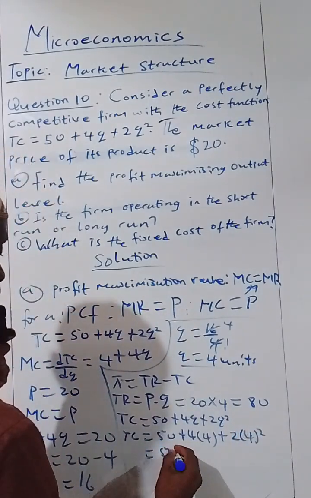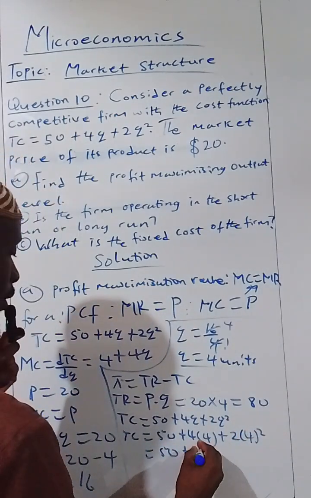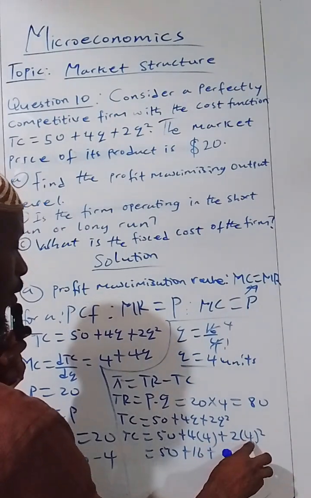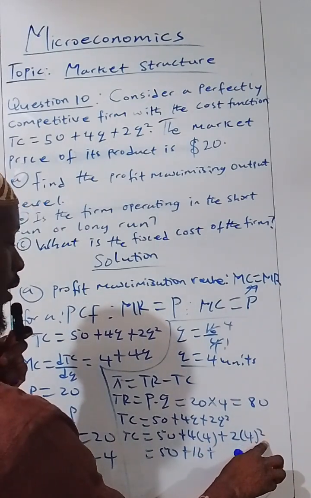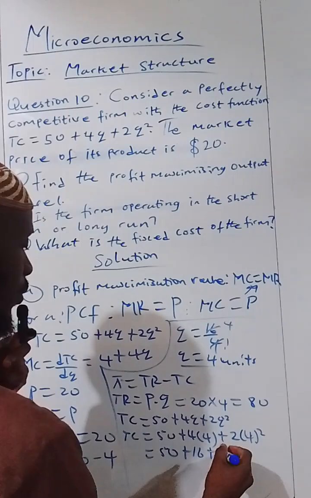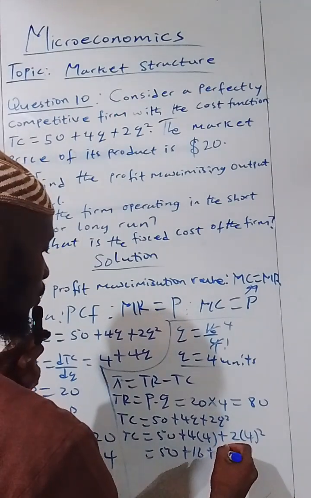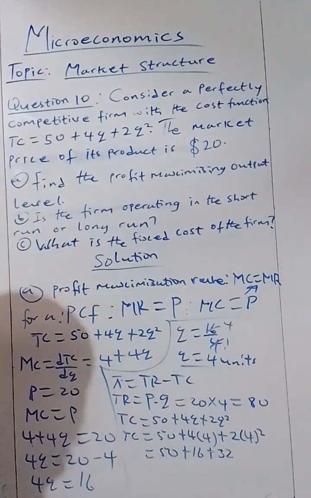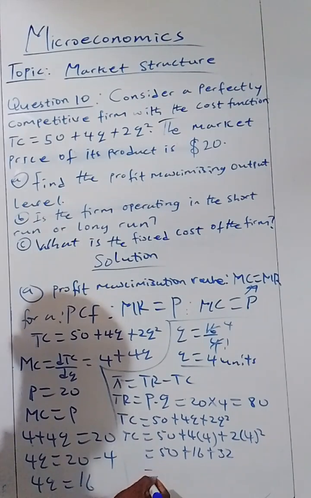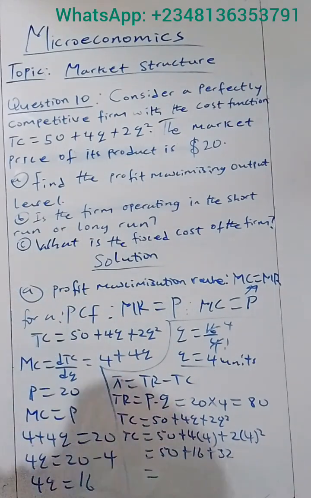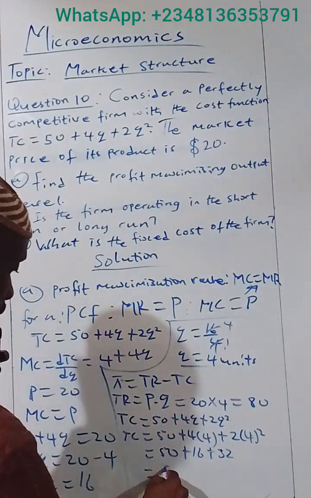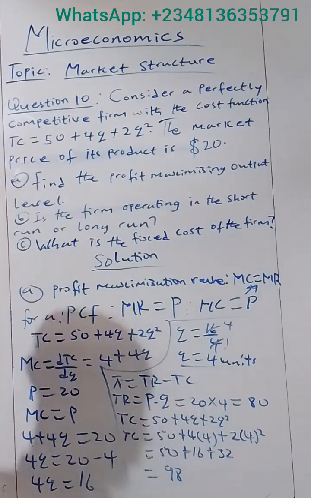This is equal to 50 plus 4 times 4, 16, then plus 4 squared, that is 16, times 2, that is 32. Then I have this cost, 98.